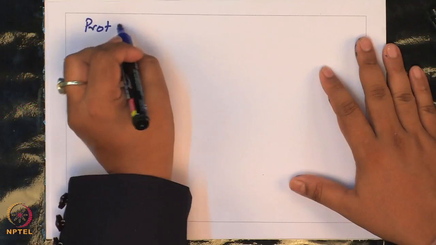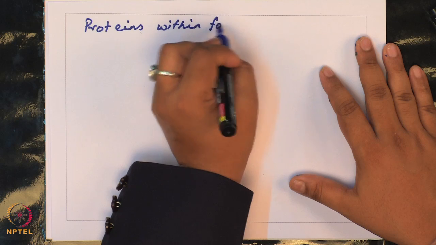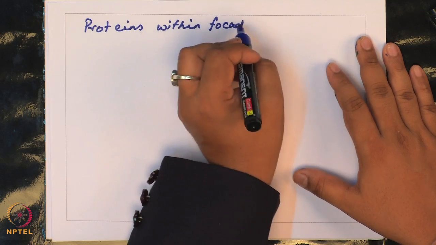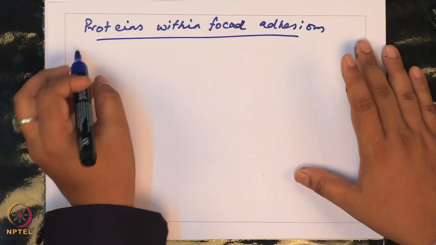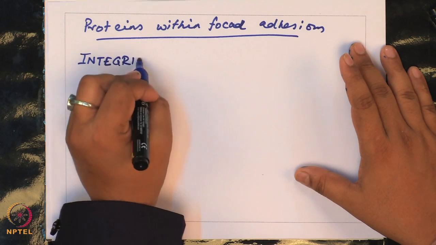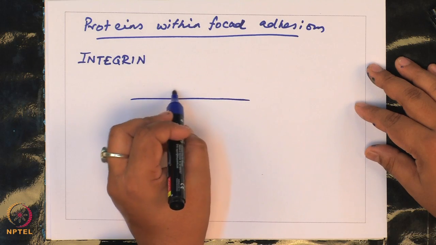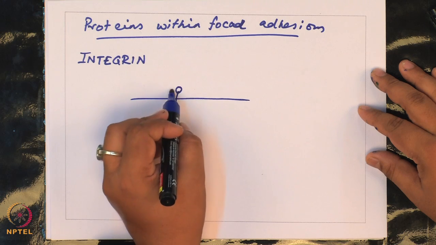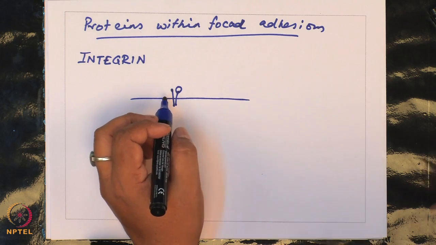So, I said that there are a lot of proteins which are present in focal adhesions. And so, one of the most important proteins is integrin. Okay. So, integrin is present transmembrane, which is present across the membrane.